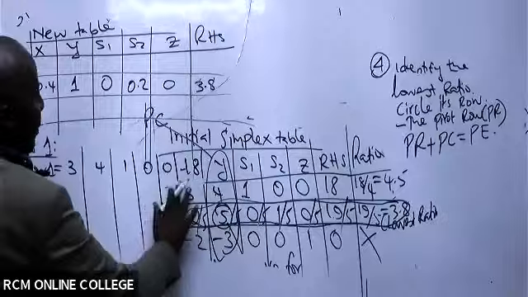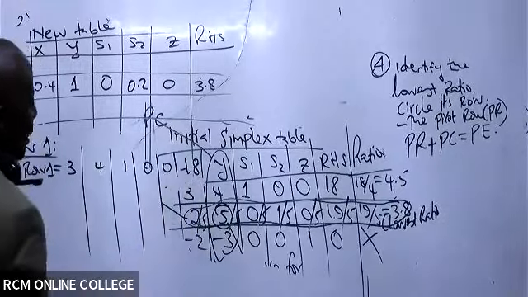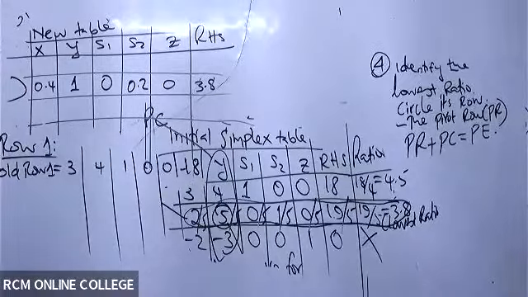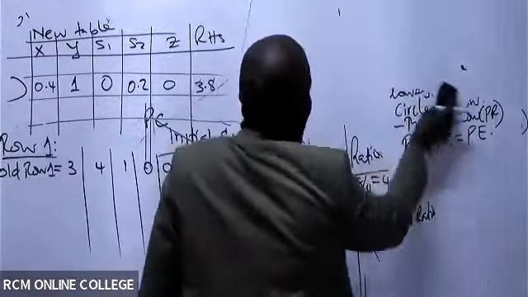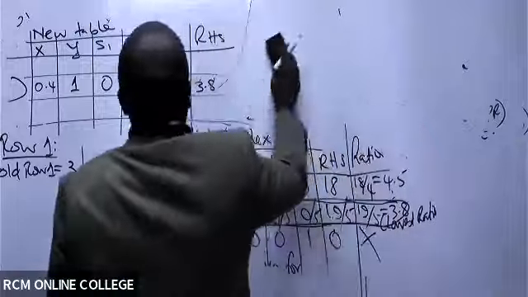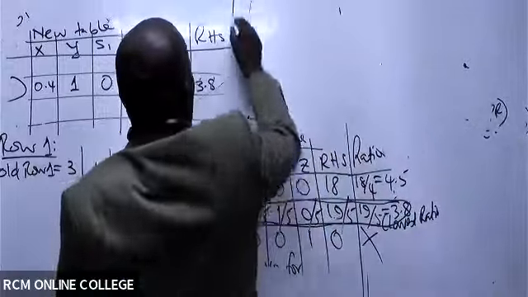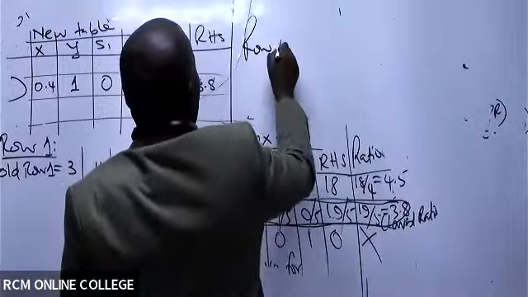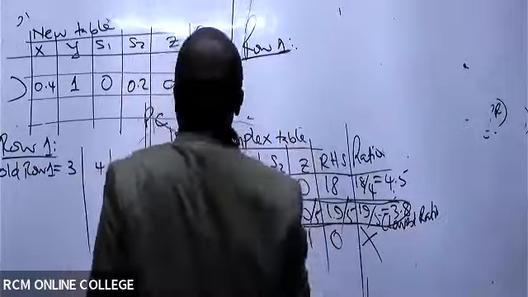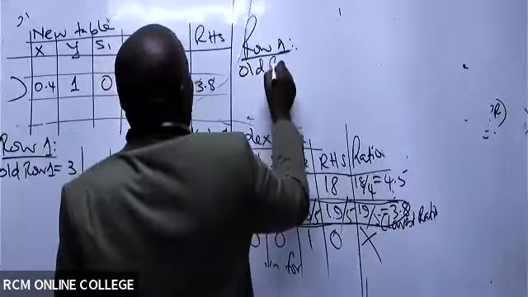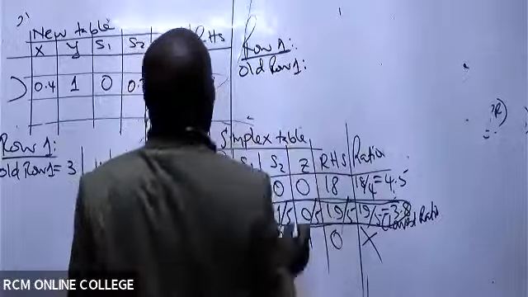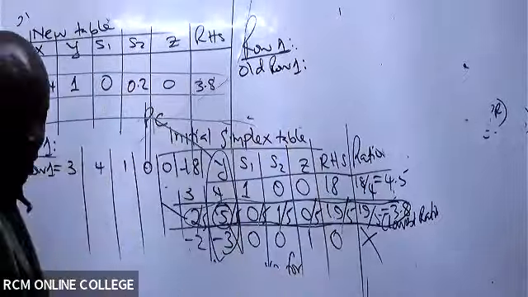No, let me just get a better place to write. So in this case, I'm doing a working for row number 1. We have the old row 1.